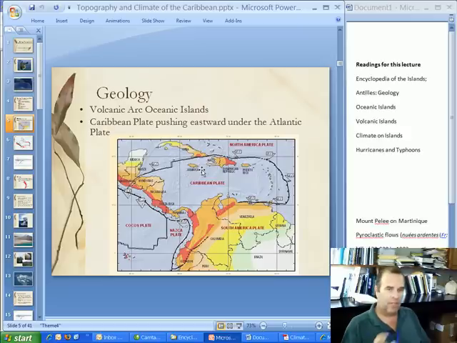And those plates are actually in motion. They're pushed around by convection currents in the mantle, in the molten part of the Earth.